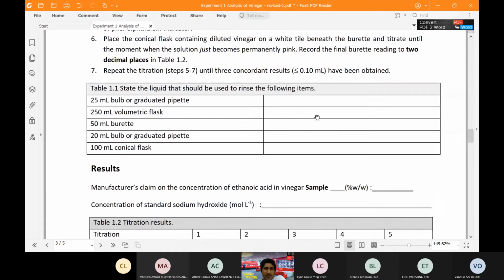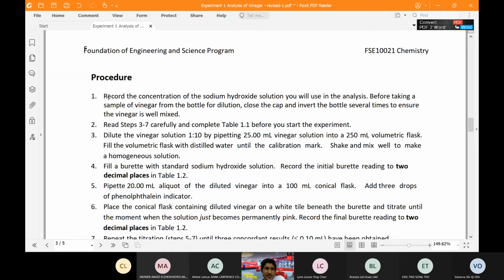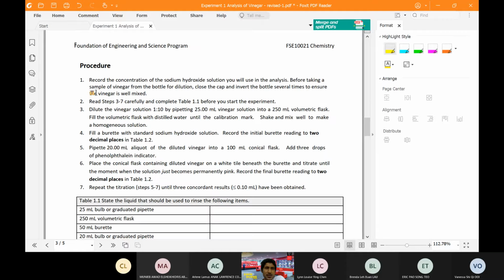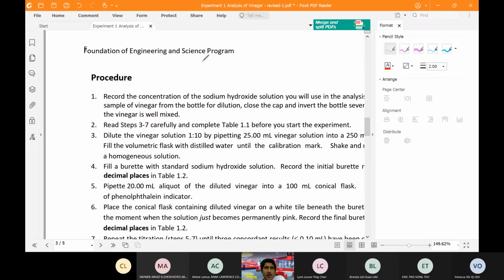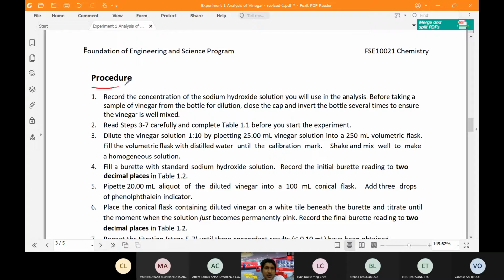So the data will be given here, and the procedure is given here. If you are allowed to come to the lab, you will follow this procedure, but probably you are not allowed.